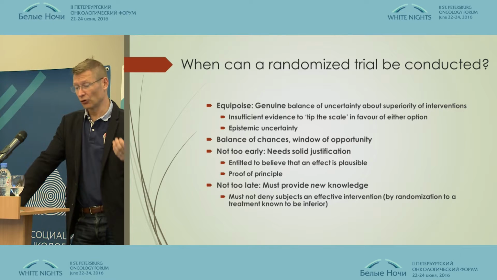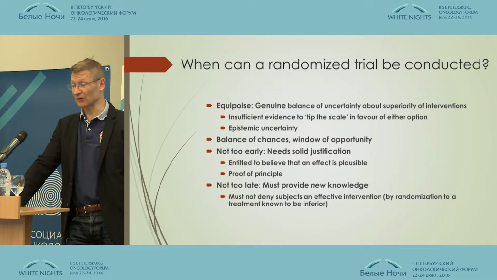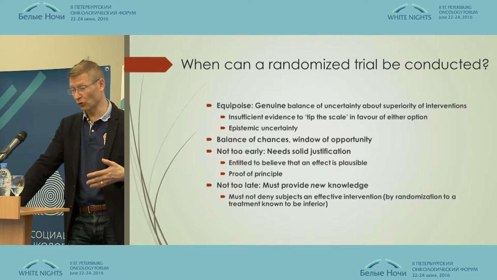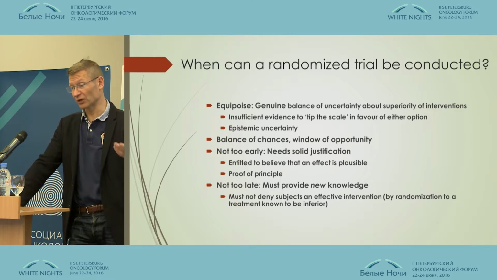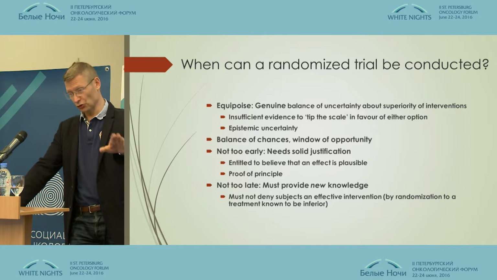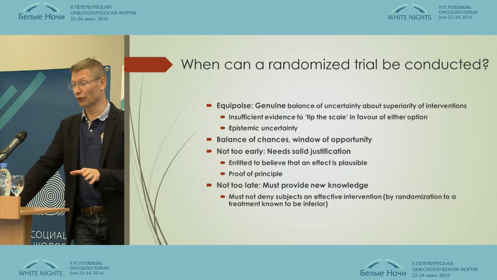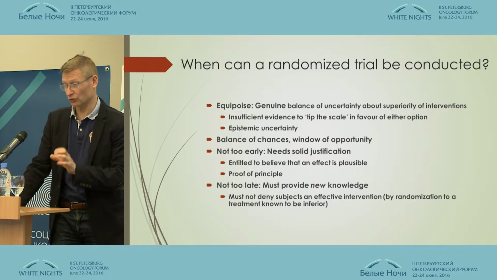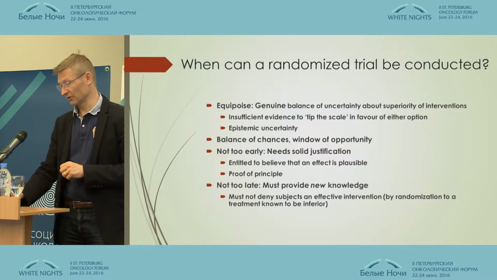So if we have a new treatment, and there are already several trials that show it's better than the older alternatives, then conducting one more trial just in order to do science, get a publication, is not justified, because then we will be randomizing patients, let's say 50-50, to the new but already established superior treatment and the older, worse treatment, and the latter group would not be ethically justified.